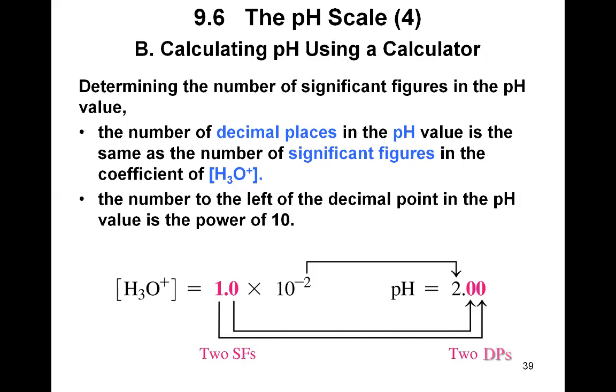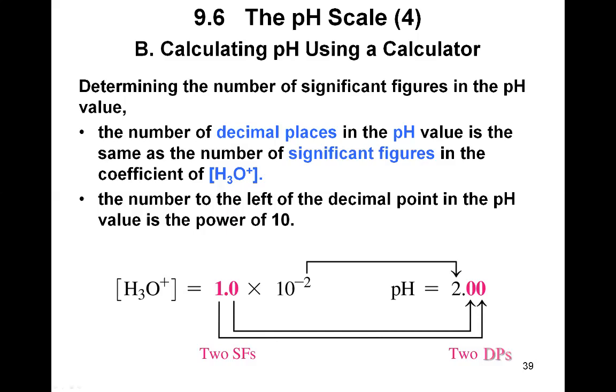On that page 5, you will see a note that says that the hydronium ion concentration should have the same number of sig figs as there are decimal places in the pH, which means digits to the right of the decimal point, and vice versa.